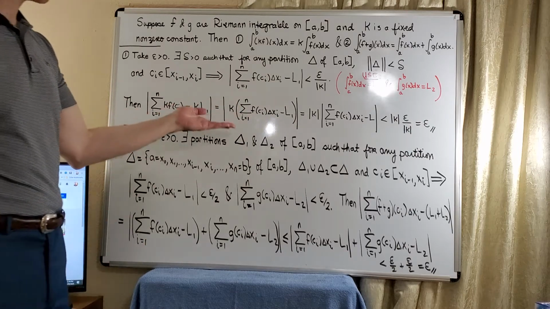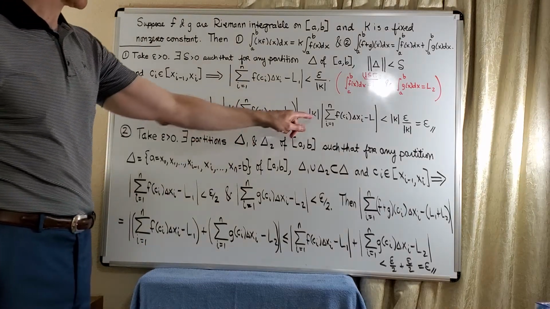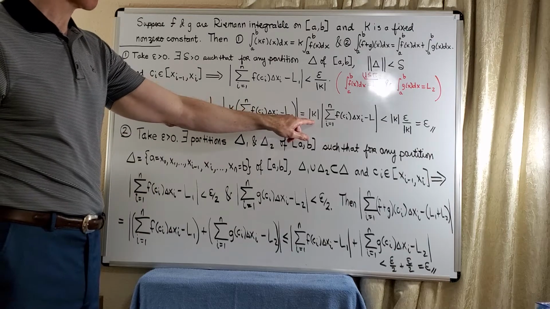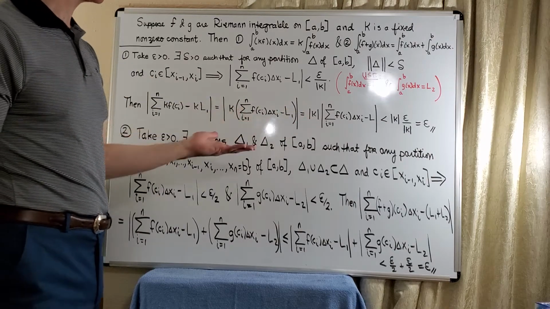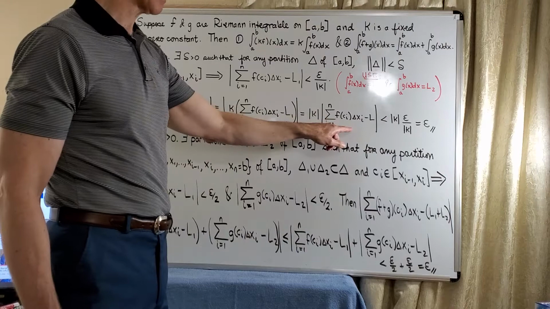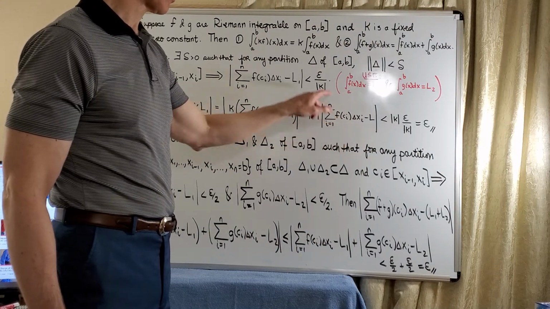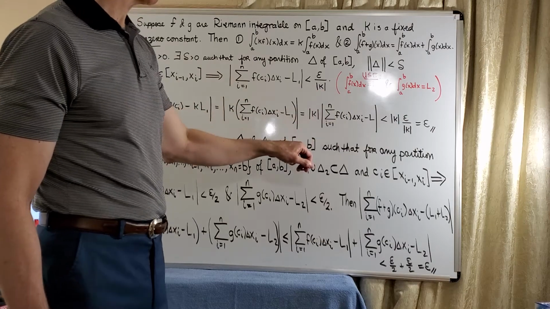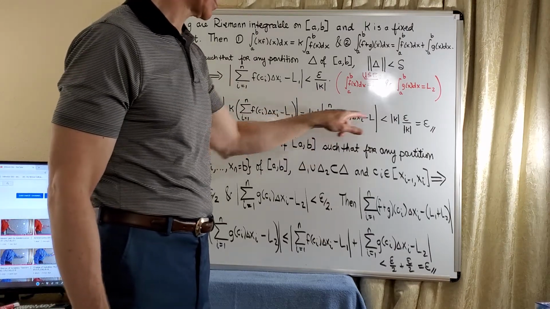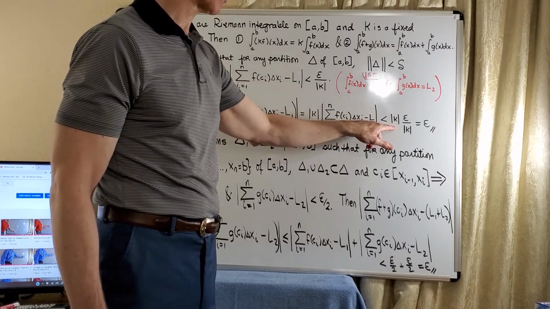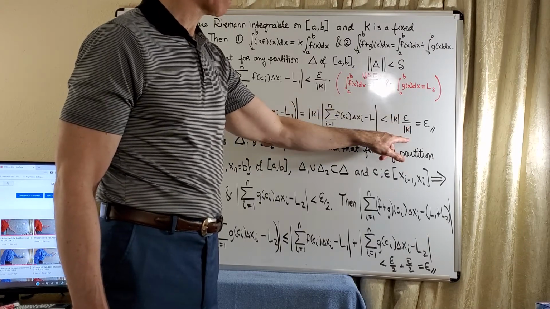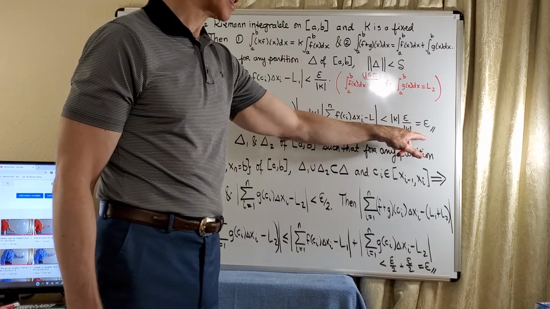And then, of course, the absolute value of a product is the product of absolute values. So now we can write this expression. But this is very good because we know we have an upper bound for this particular expression here, which is this. And so we get that this expression is less than the absolute value of k times epsilon divided by the absolute value of k, which is epsilon.